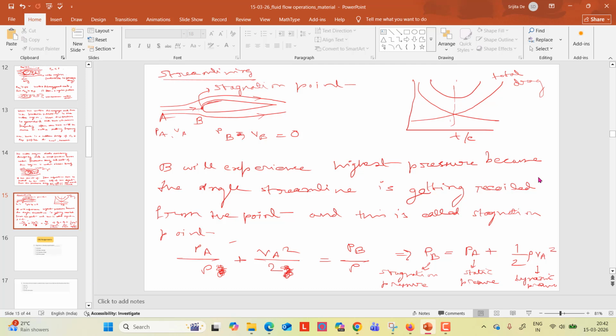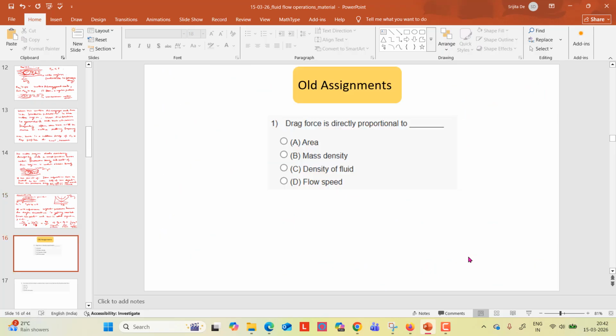Now let's do the assignment first. Drag force is directly proportional to area, mass density, density of fluid, flow speed. So we know drag force FD is CD half rho U square AP.